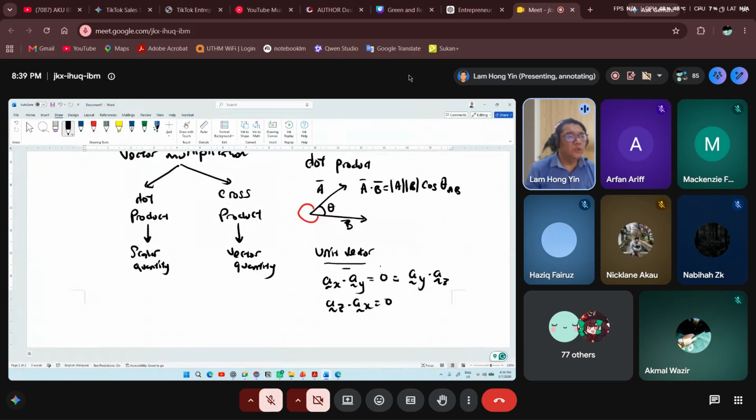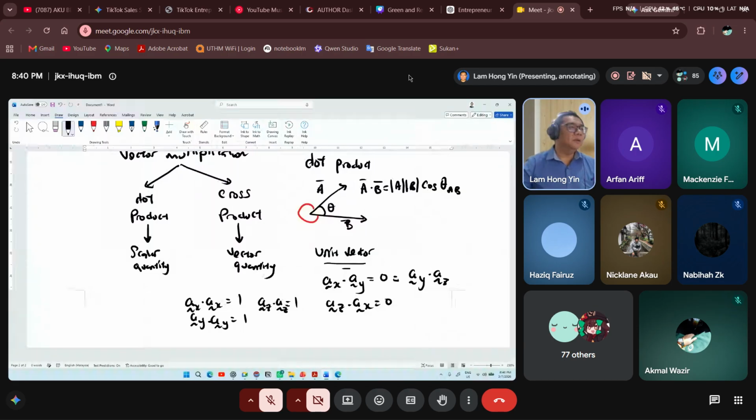But if you dot product with the same axis, for example ax dot ax, it equals 1. ay dot ay equals 1, and az dot az equals 1. So this is the unit vector multiplication for the dot product.